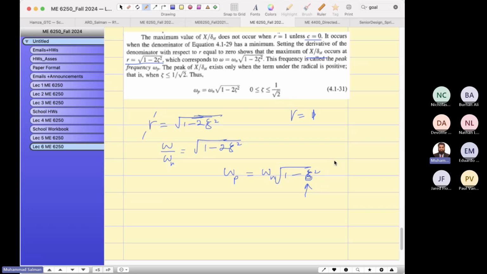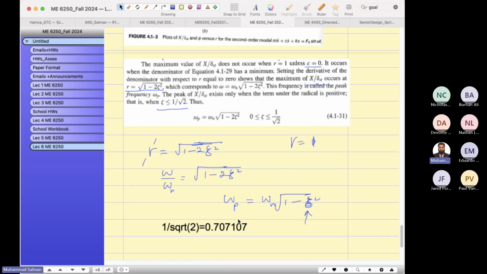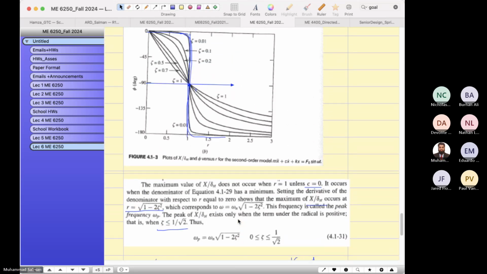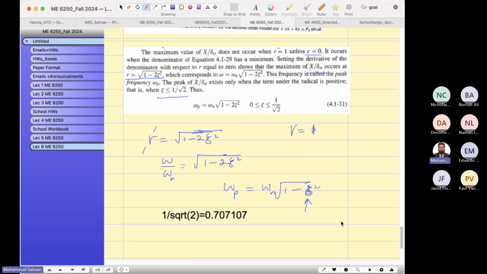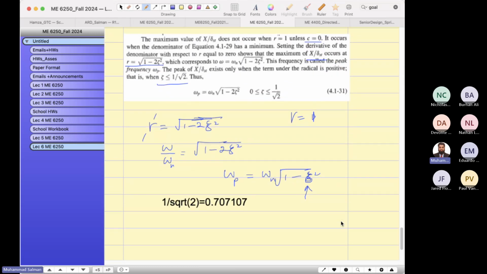And this happens when zeta is less than 1 over square root 2, which is about 0.707. So this is the peak frequency. You may see some questions asking what the peak frequency is. You will use this formula in those questions.